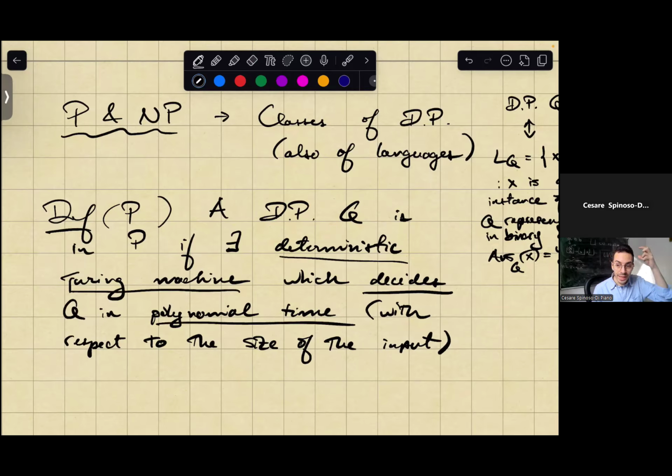Polynomial time. So given a binary representation of an instance of the problem Q, the number of computational steps, the number of transitions the deterministic Turing machine takes, should be a polynomial function of that input size, right?